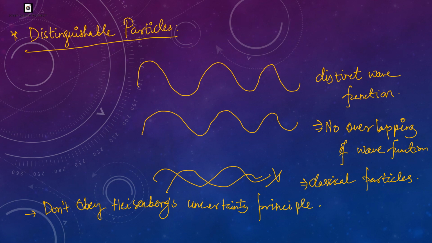Hence, we can determine the conjugate coordinates, that is position and momentum, precisely at the same time for these particles. Because they don't obey Heisenberg's uncertainty principle, we can find both position and momentum of these particles at the same time.